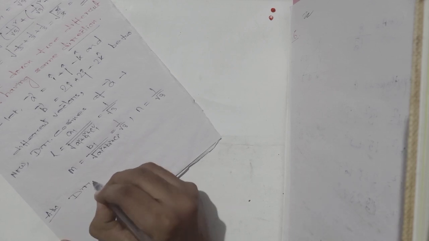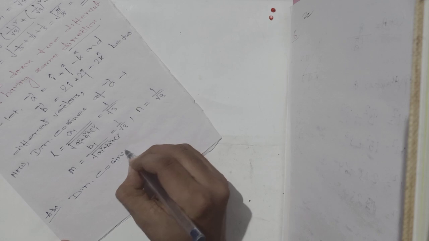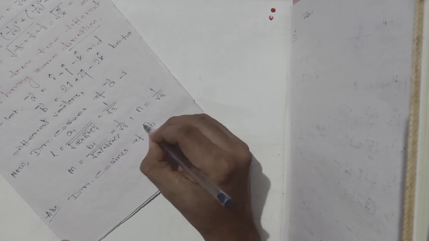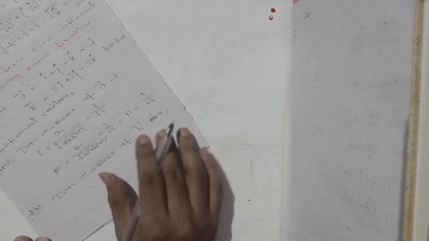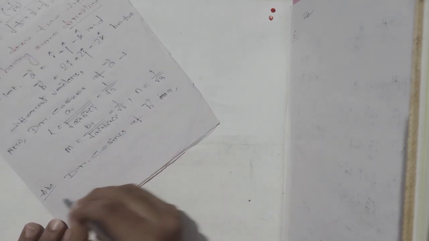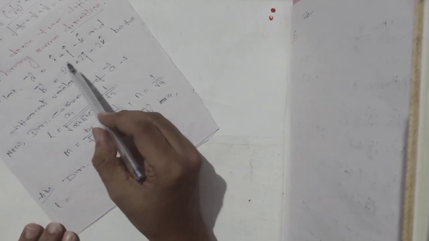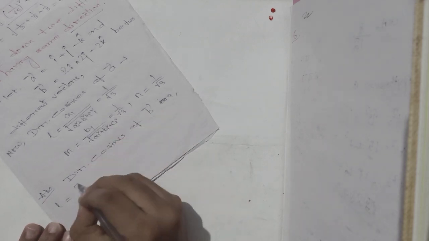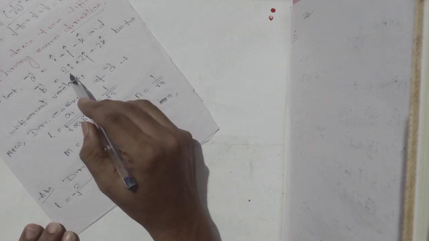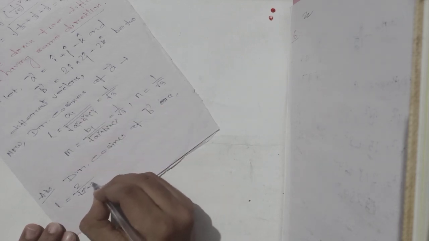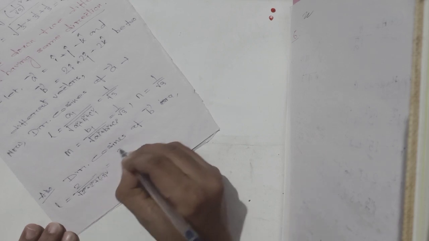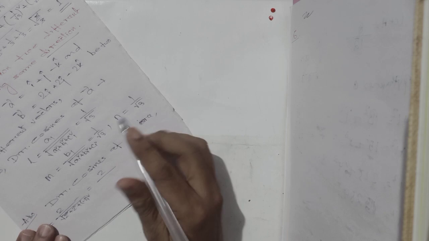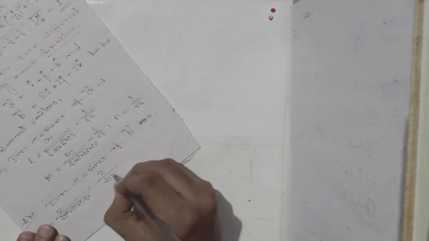Also, the direction cosines of vector B are L equal to 2 by root over 2 square plus 2 square plus minus 2 square, so it will be 2 by root over 12.